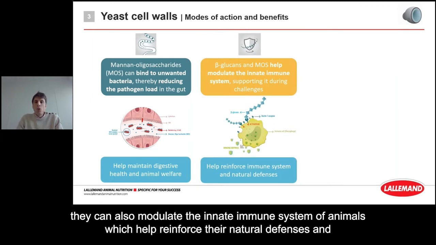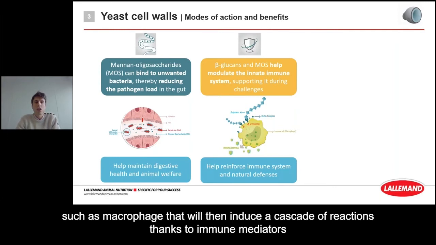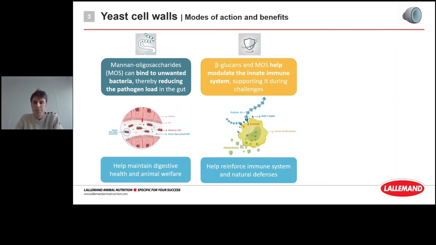They can also modulate the innate immune system of animals, which helps reinforce their natural defenses, especially thanks to the beta-glucans that are able to recognize the dectin-1 receptor at the surface of immune cells, such as macrophages, that will then induce a cascade of reactions thanks to immune mediators, leading to a more efficient innate immune system.